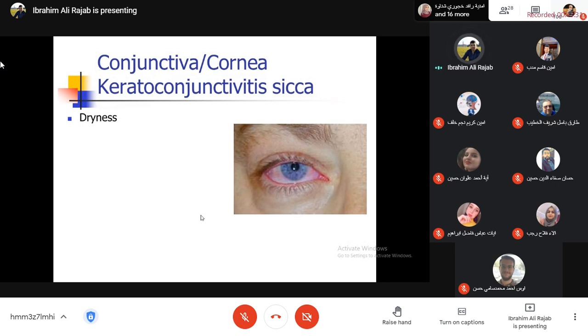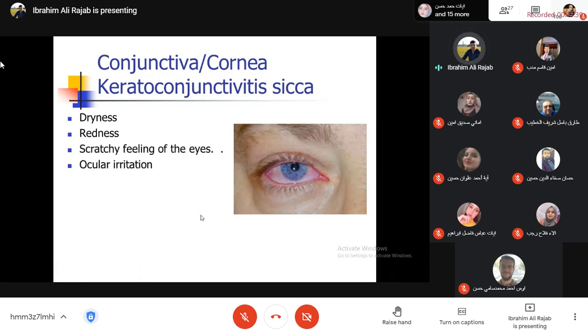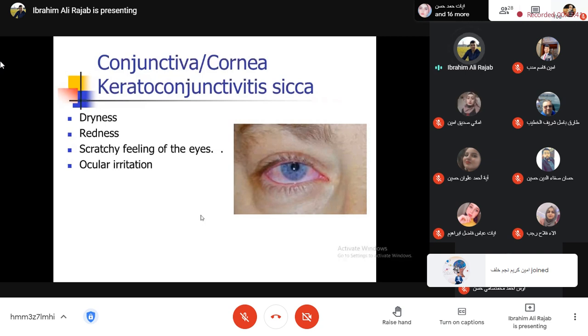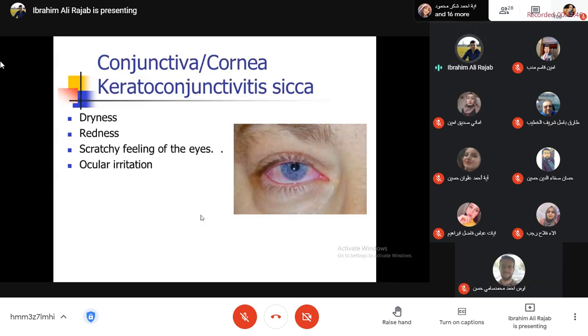Another cause of red eye is dry eye. The eye has a lubricating layer of tear, for example, like the joint.